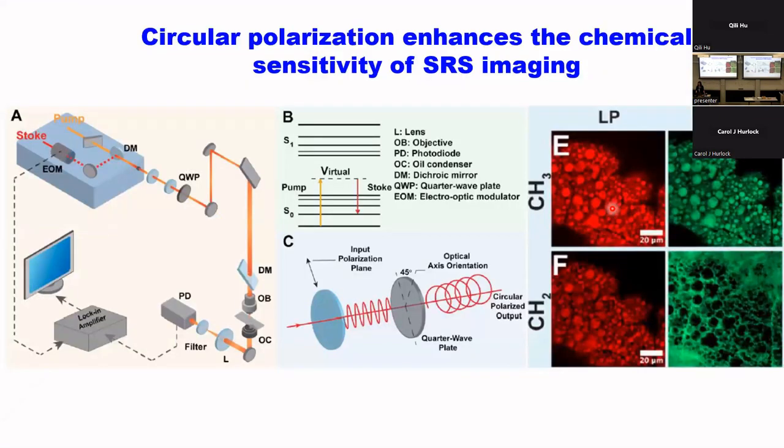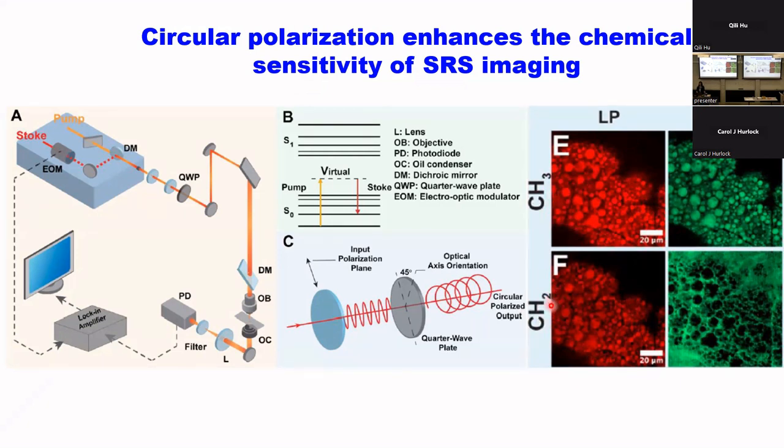And my student recently found that to enhance the molecular selectivity or chemical sensitivity, we can even use circular polarization to enhance this kind of detection. If you look at the right side, the linear polarization, if we image the protein molecule on top, usually protein and lipids have CH3-intensive, CH2-intensive chemical bonds. So the CH3 chemical bond is abundant in protein, but it also exists in lipids, the fat molecule, as well.